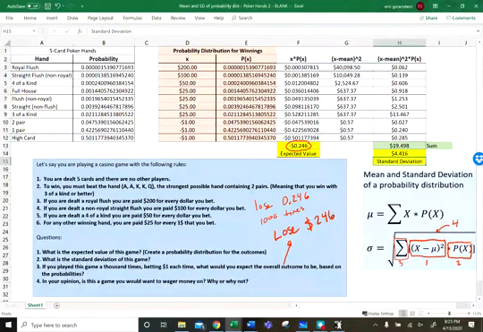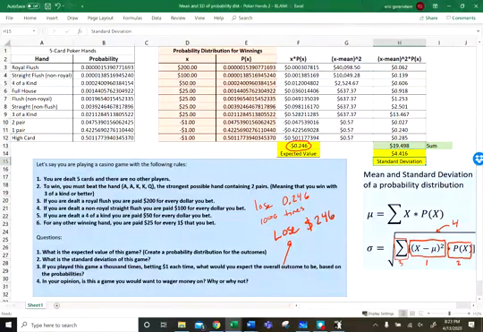Okay, so for number 3, again, this expected value, according to the law of large numbers, this expected value tells us what's going to happen over time when you average out all the individual fluctuations in the results of the individual experiments or the individual trials. In your opinion, is this a game you would want to wager money on?